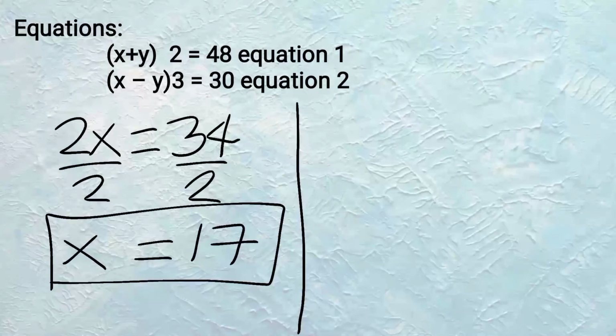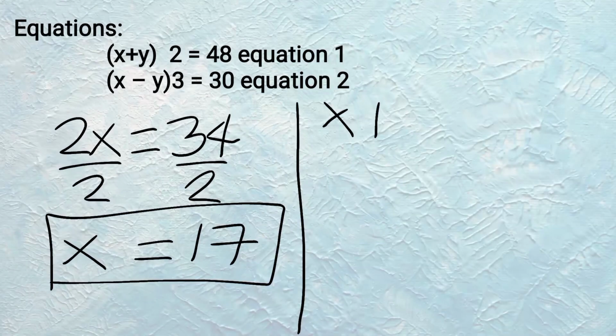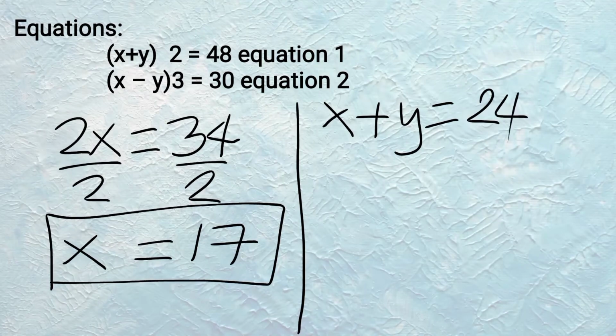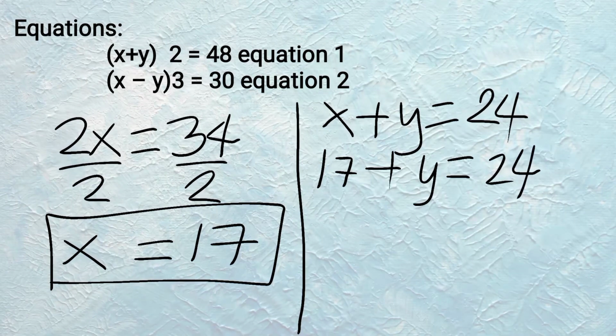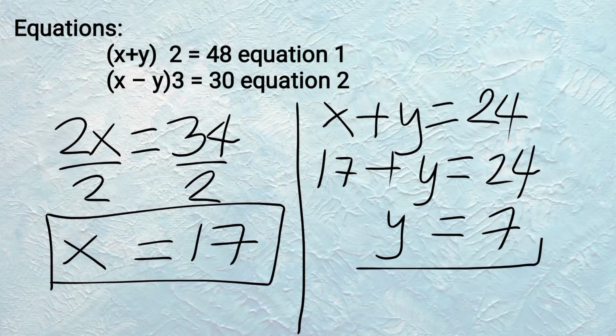Using our new equation x plus y equals 24, we substitute the value of x: 17 plus y equals 24. By the subtraction property of equality, 24 minus 17 is 7, so y is 7.